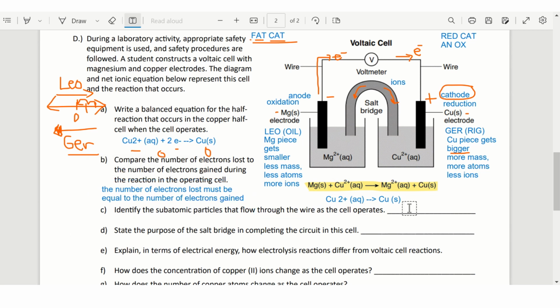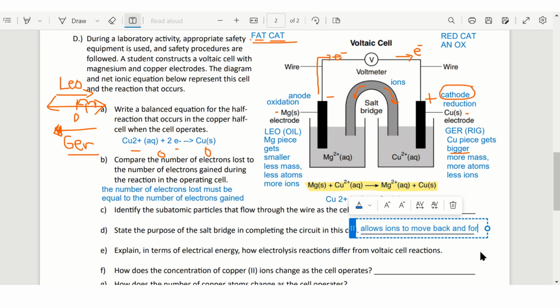Identify the subatomic particles that flow through the wire. Oh, I already wrote them up there. What are they? Electrons. State the purpose of the salt bridge. Well, I drew some arrows, right? So it allows ions to move back and forth to keep the cell neutral.